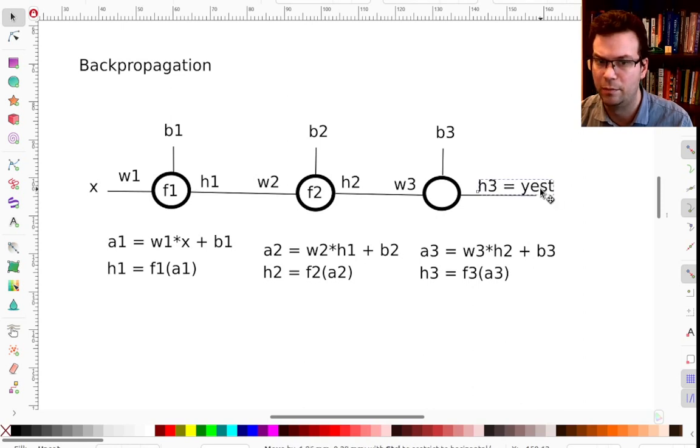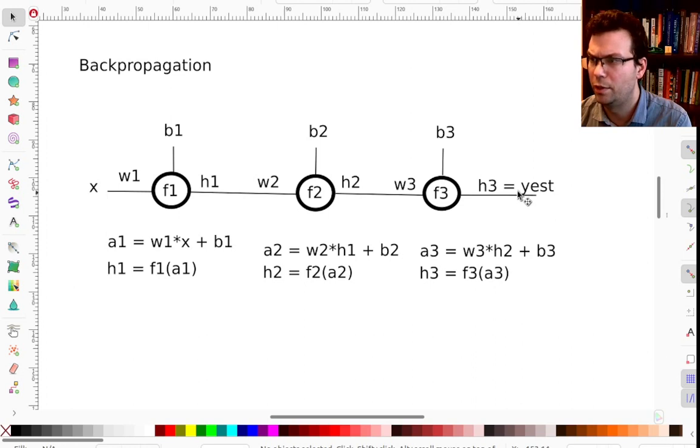This is the estimate that my network is going to give here. All right. And let me remind myself that, yes, the final nonlinear function here is going to be F3. Okay. So my input is X, my output is H3 or Y estimate here.